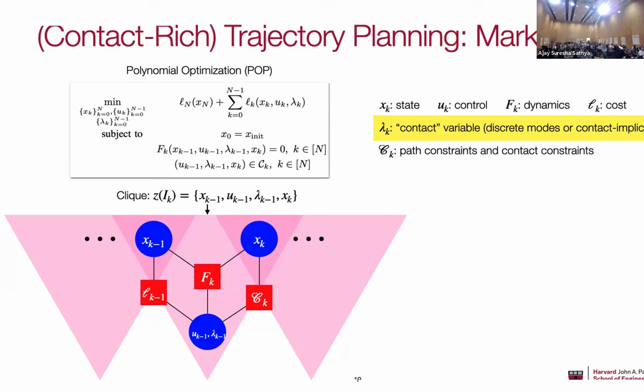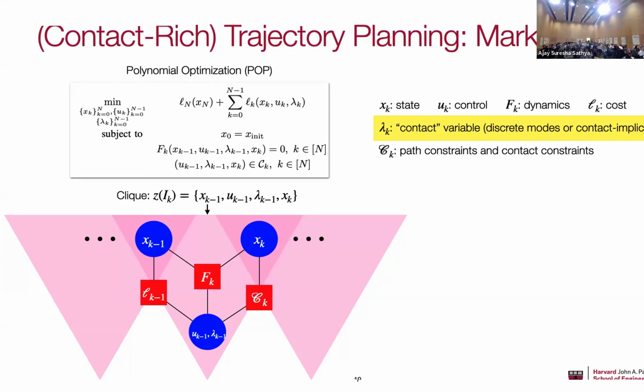So the nice thing about the trajectory planning problem is that this problem has a natural sparsity from the Markovian property of the dynamics. Specifically, if you write down this problem using the factor graph representation, where the blue nodes are the variables, and the red ones are the functions or costs containing these variables, then you naturally see a graph representation of this problem, where you can group these blue nodes into cliques, right?